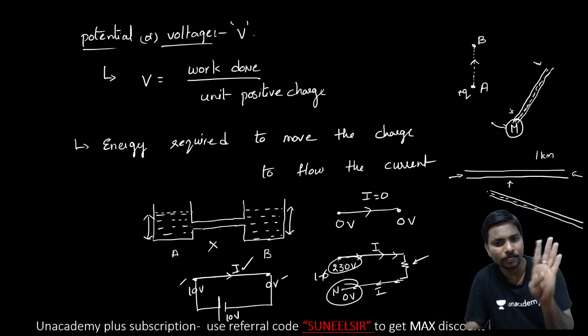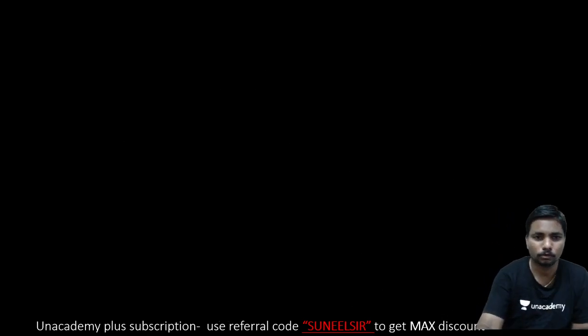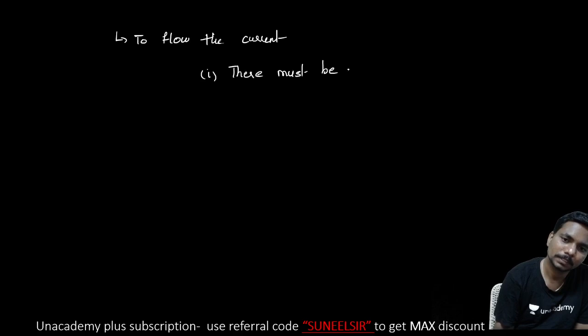So if the current wants to flow, there are two important conditions. The first point, there must be a potential or voltage difference.